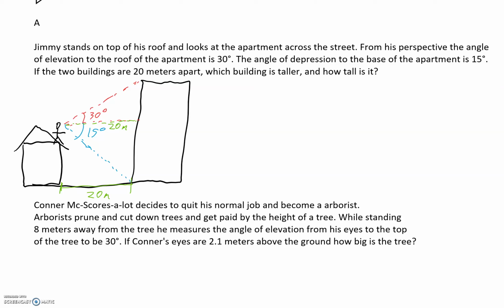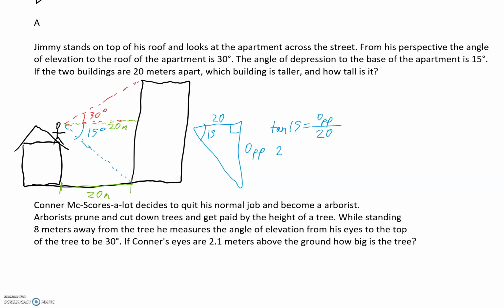So what we're going to have to do is solve both the blue and the red triangles. So for the blue one, we have 15, we have 20, and we're looking for the opposite side. So this is going to be tan of 15 equals opposite over 20.